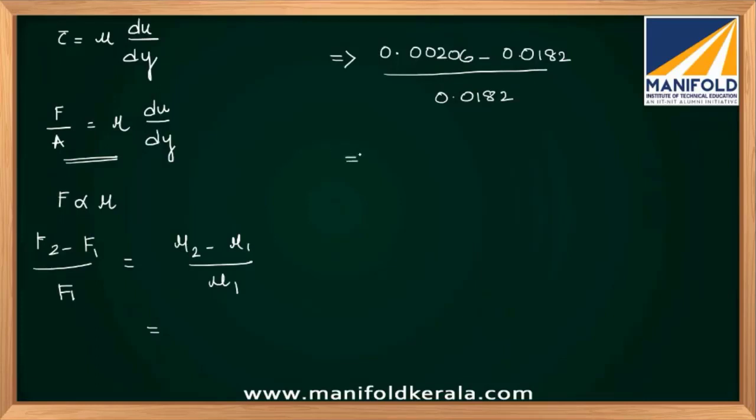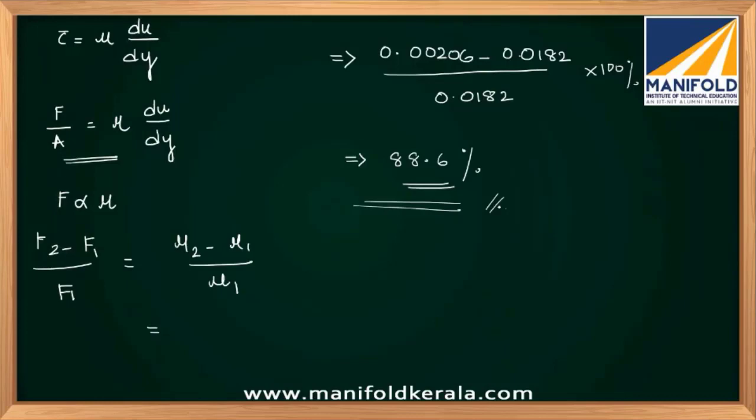Here you multiply also with 100%. How much percent will you get here? You will be getting around 88.6%. This is the decrease in force which he is asking you in the question. Decrease in force necessary to move the piston is 88.6%. This is the final answer for the given question.